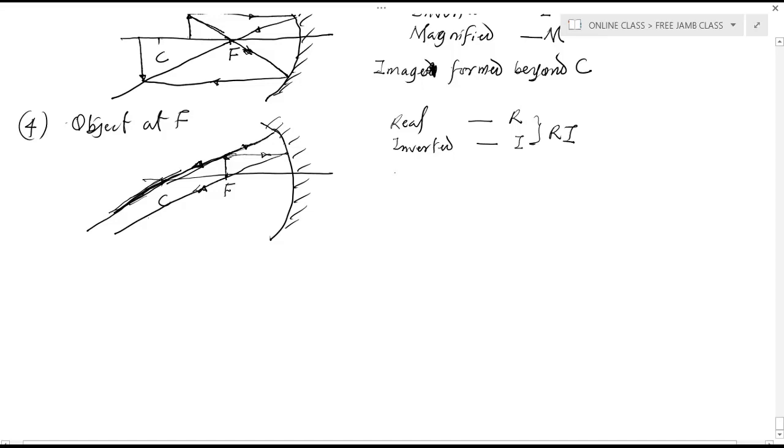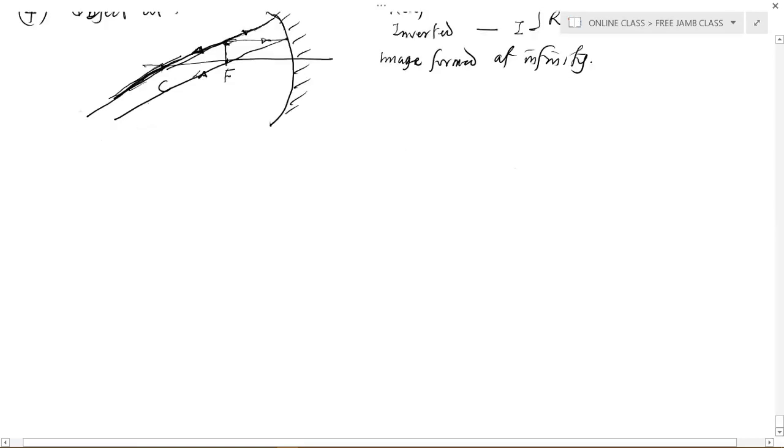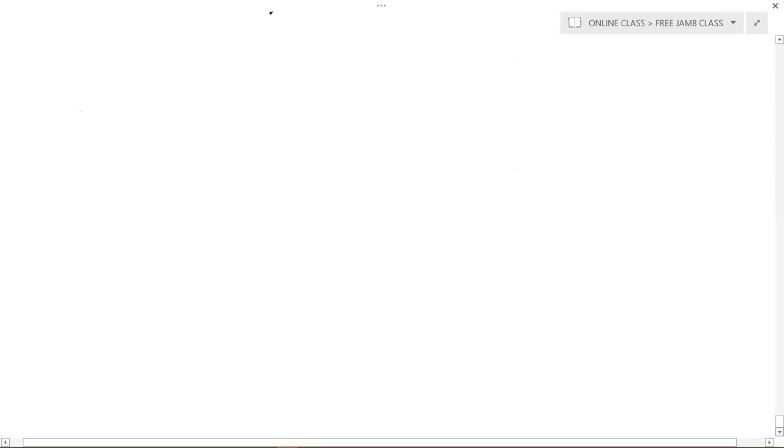Then image formed at infinity. The last one for this one, you go and master that of the complex. It's just one. It gives you virtual image, diminished, direct. That's always sure for that one.